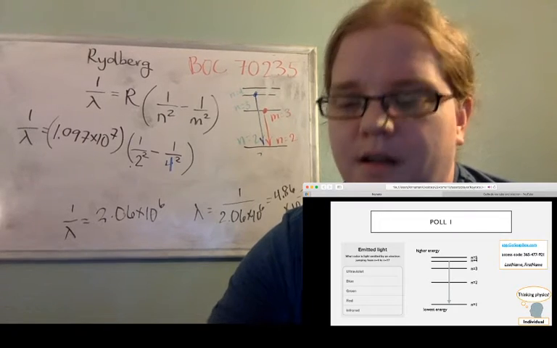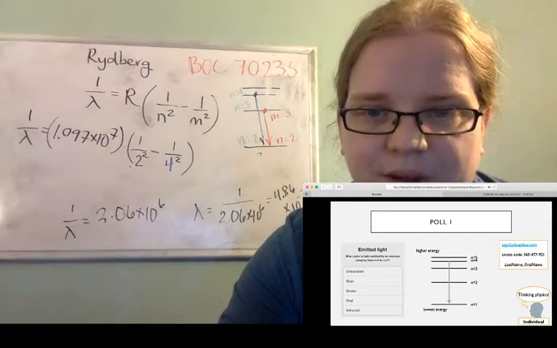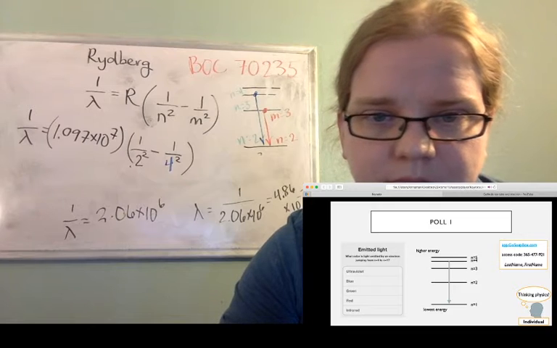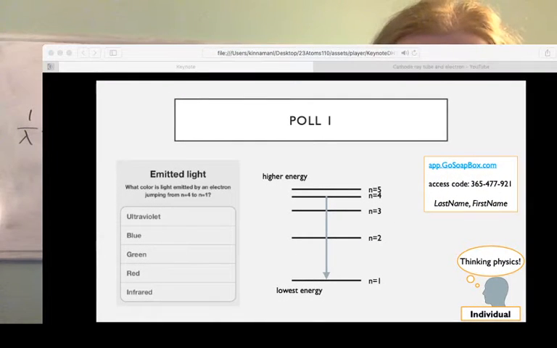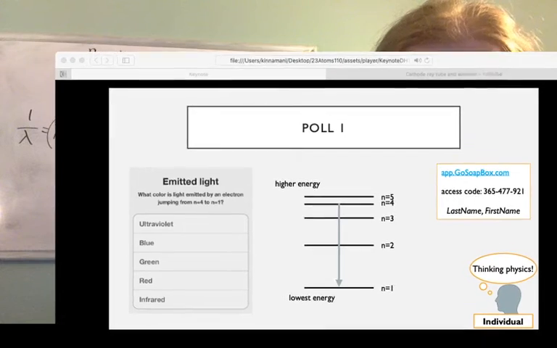All right, so I will ask you guys this question. Again, obviously there's no poll, but if we went from 4 to 1, what could we get? Okay. So when we go from 4 to 1, this is an even bigger energy difference than from 4 to 2, and certainly much bigger than 3 to 2, right? We're literally looking at the size of the gap in between these.